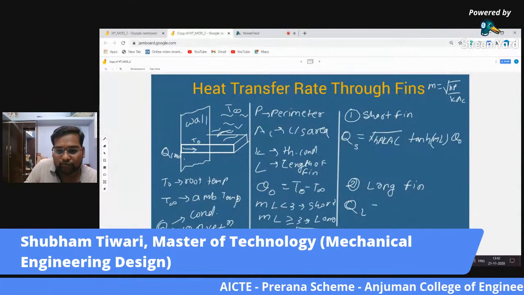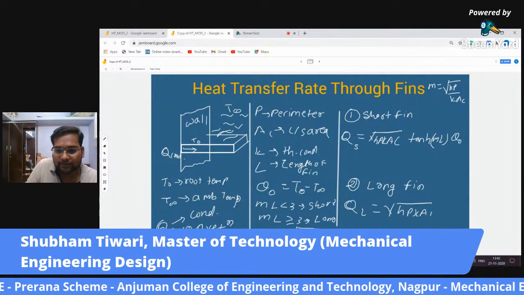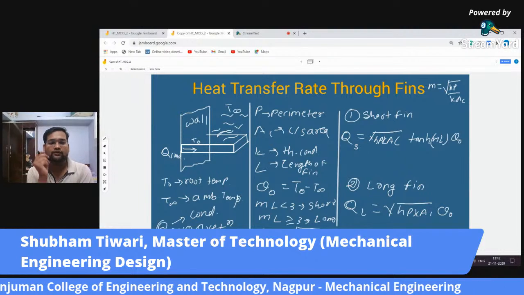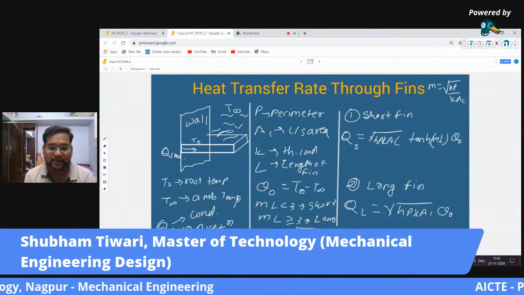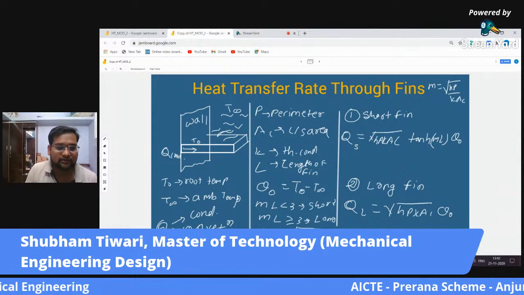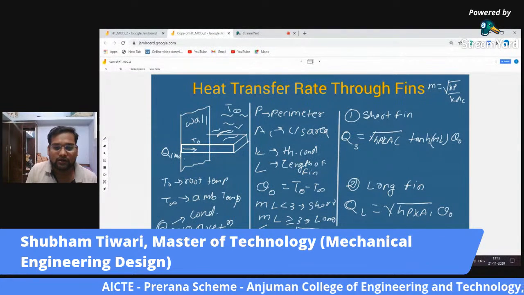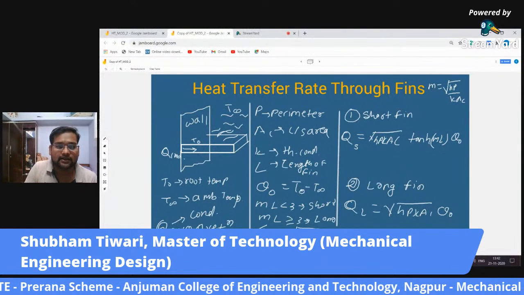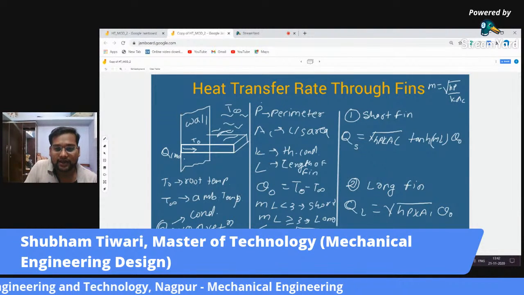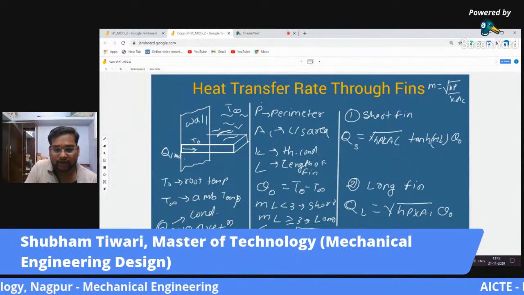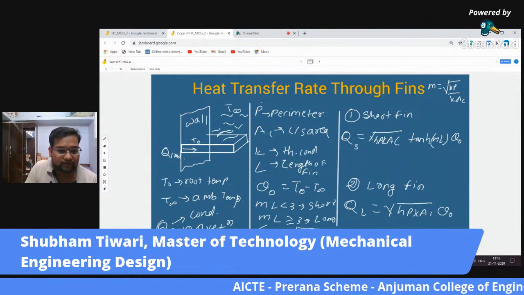And for a long fin, it is simply the square root of hPkAc times theta naught. These are important formulas that we have to note down. The heat transfer rate through the fins can be calculated using these equations. m equals the square root of hP upon kAc, where P is the perimeter, Ac is the cross-sectional area, k is the thermal conductivity, and L is the length of the fin.